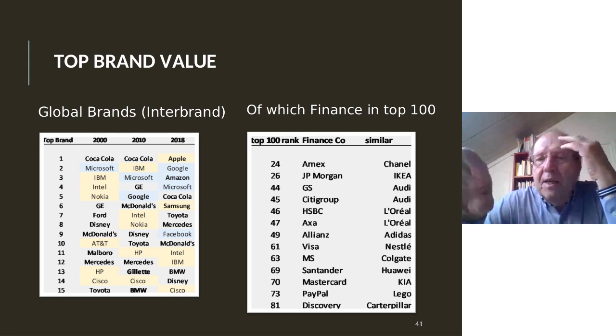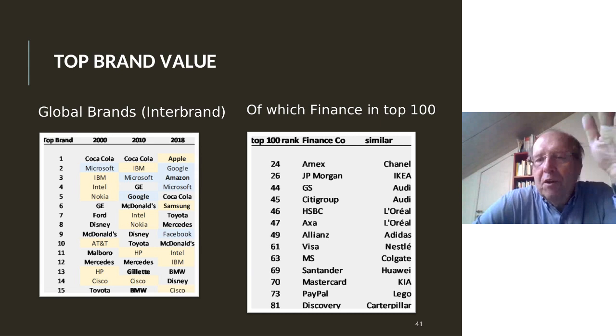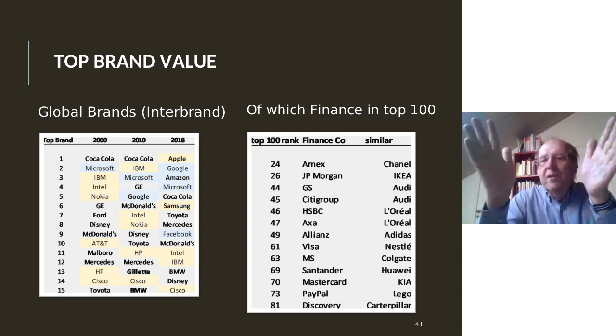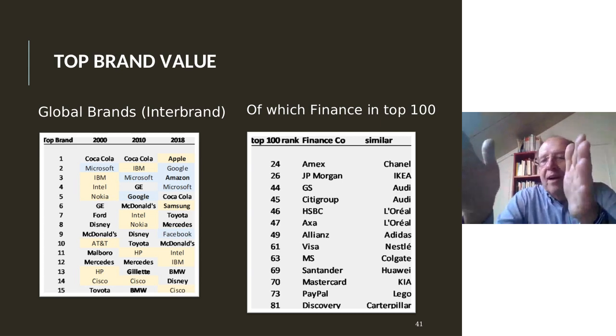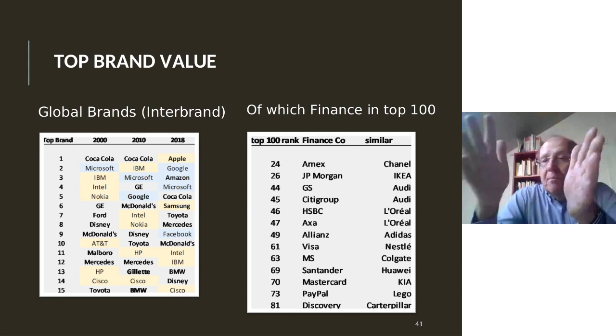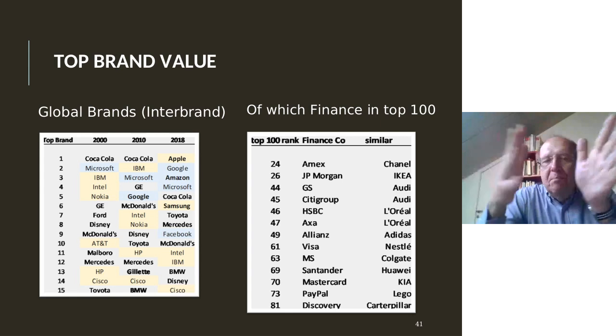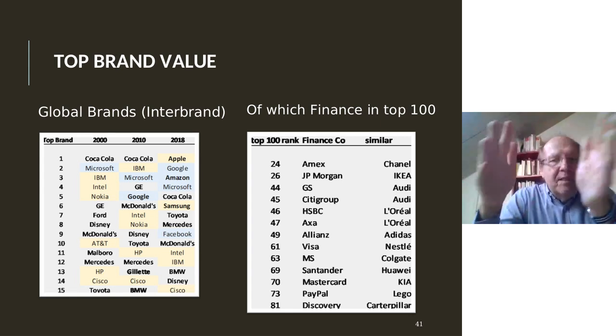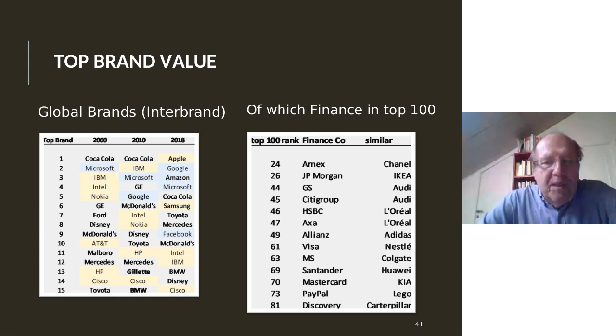But when you look at finance, the first one is Amex. And Amex is well known. They are doing a lot of publicity, but it's more a card company than a bank. The real first bank came 26th. And the value of the JP Morgan brand is equivalent to IKEA. So it's not bad, but it's the biggest bank of the US, maybe the biggest bank in terms of market cap in the world, so it's a little bit disappointing.